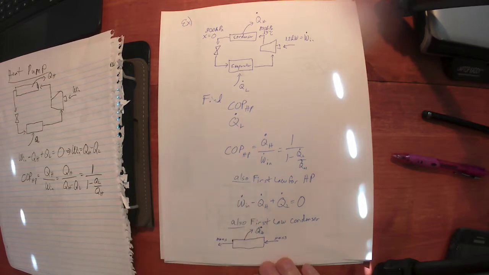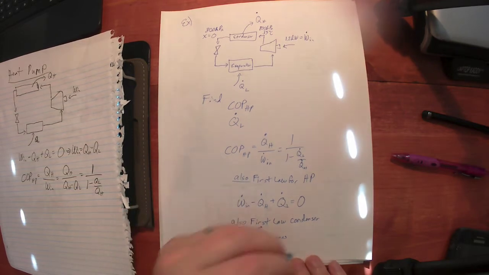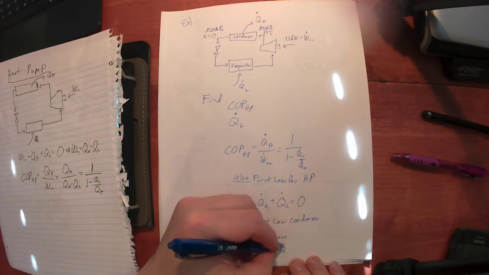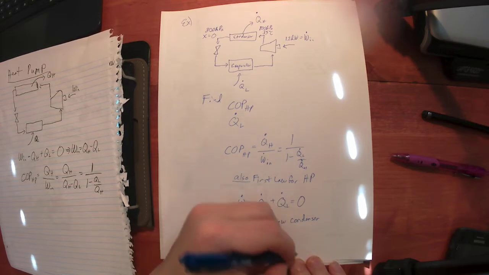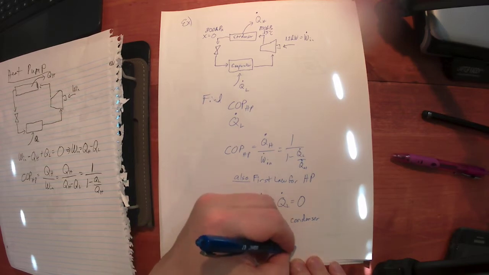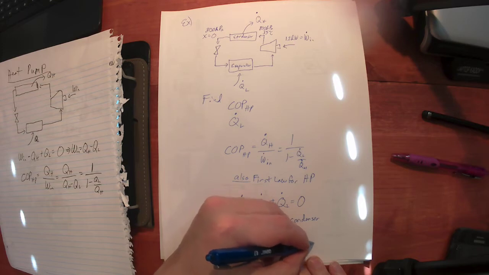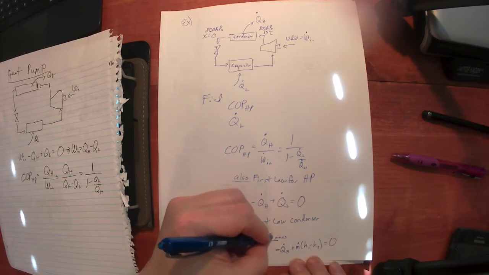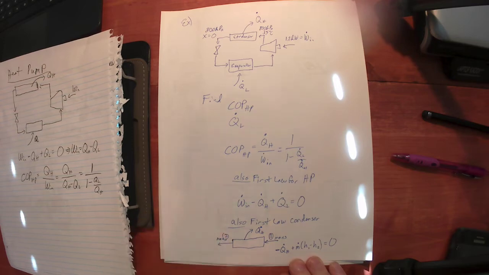This is a steady flow control volume, meaning minus Q dot H, we've got one inlet, one outlet, so that's a chapter 5 problem for us. That's plus m dot times H1 minus H2 is equal to 0, assuming I'm calling this 1 and this 2.